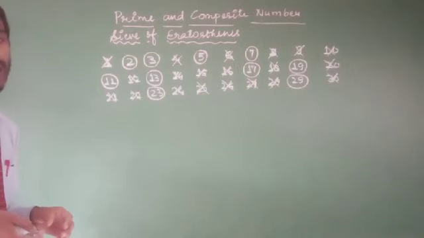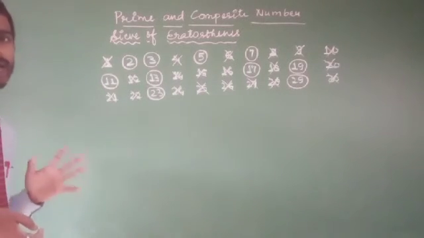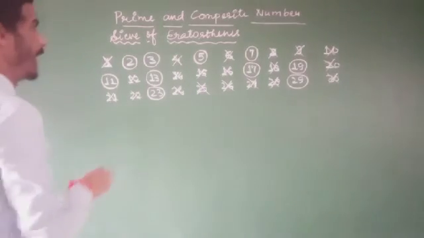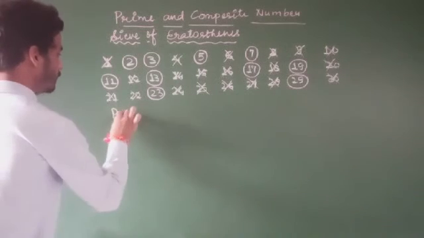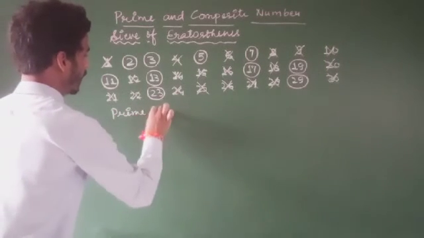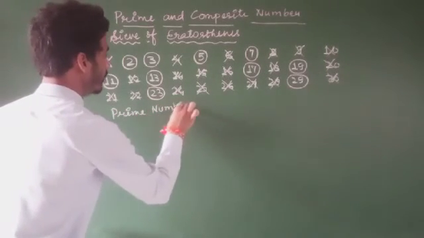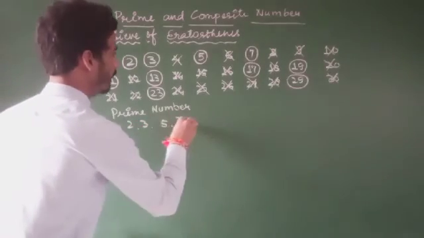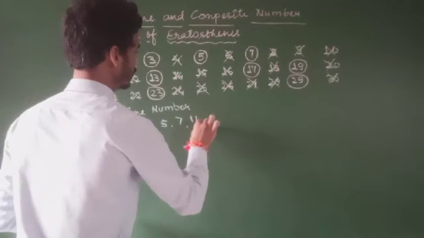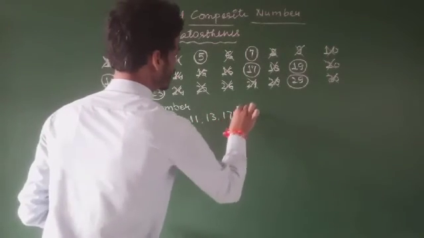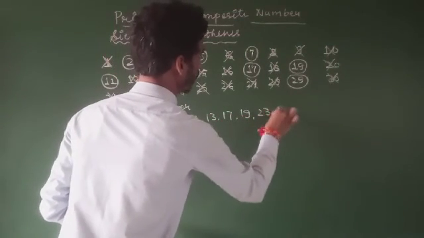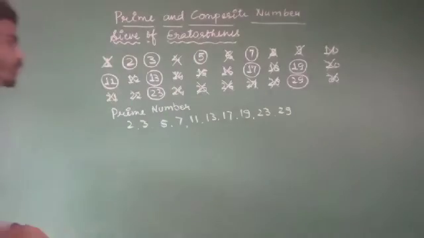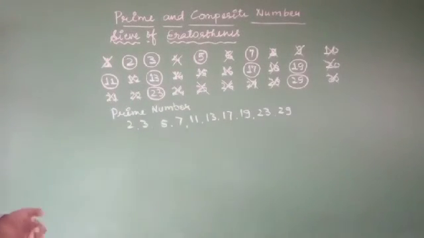These are the prime numbers between 1 and 30.